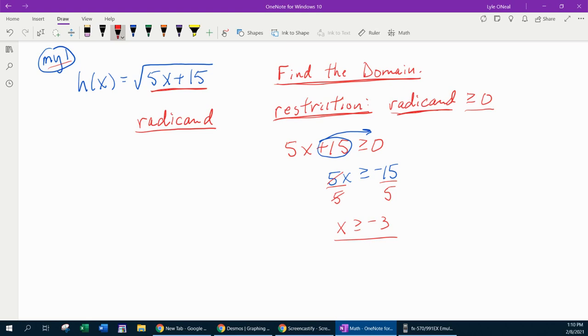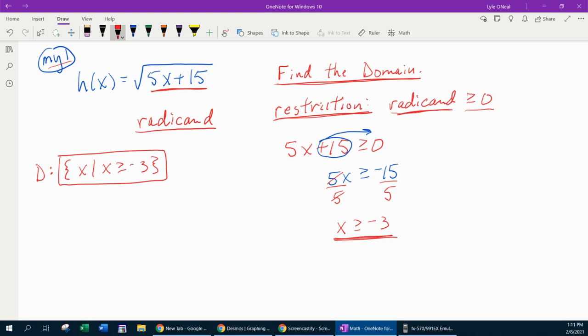This is the restriction. If you leave it like that, that is not the domain, it's the restriction. So in order to write the domain, the easiest thing to do first would be to write it in set notation. So the domain would be the set of all x such that, and then you simply write the restriction. X is greater than or equal to -3. And there's your domain in set notation.